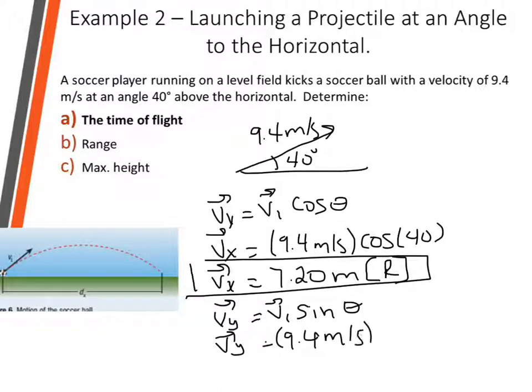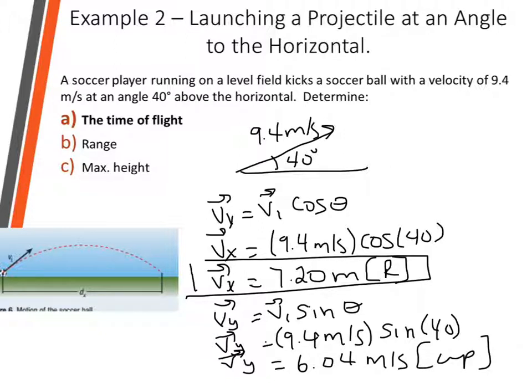So 9.4 meters per second, and then sine 40. So our Vy is going to be 6.04 meters per second. And we could say up, I mean, it's going to go up and then it's going to go down, but that initial velocity is in the upwards direction.